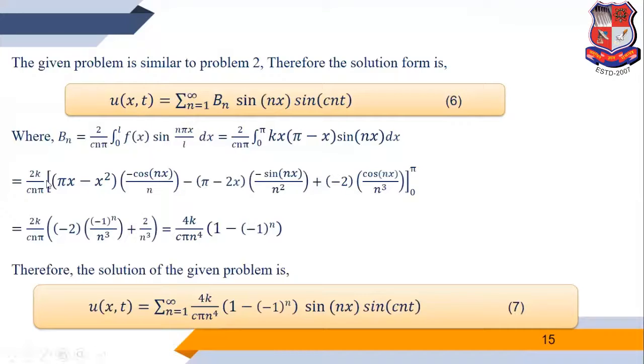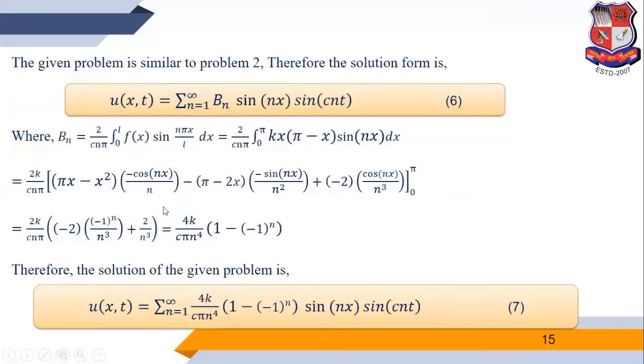Now x is replaced with π, upper limit, so π² − π² is 0, sin(nπ) is 0, so both terms are 0. cos(nπ) is (−1)ⁿ, so the upper limit is −2(−1)ⁿ upon n³. Lower limit, this is 0, again sin 0 is 0, minus, minus, so plus, cos 0 is 1, so 2 upon n³.